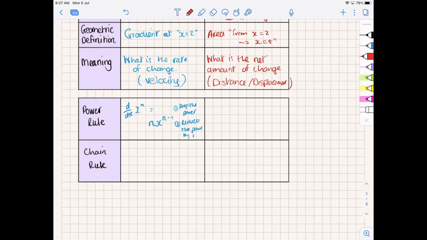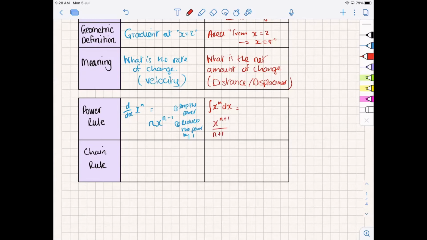Let's now integrate, or anti-differentiate. If I ask you for the integral of x to the power of n with respect to x, because remember this is area, length times breadth, what does that give me? What am I doing this time? You first increase the power and then divide by that same power: n plus 1.